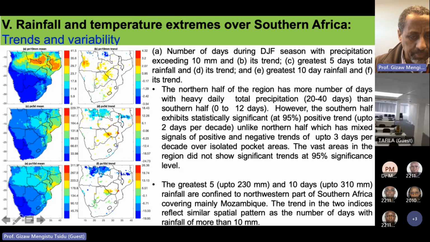Little isolated place, not substantial. For 10-day, the trend is the same. It's decreasing, and well, departure from normality is not what is favored, but this is happening because of climate change.